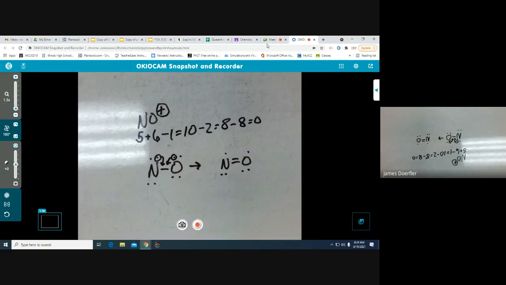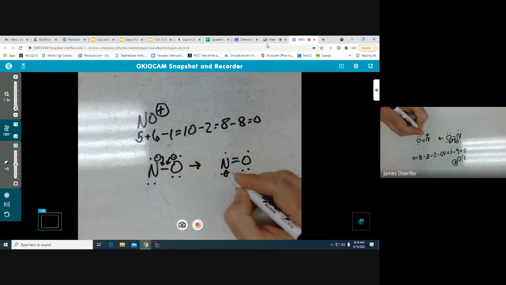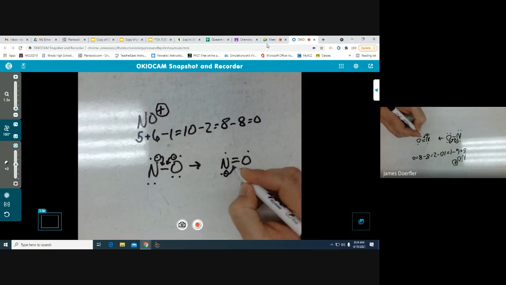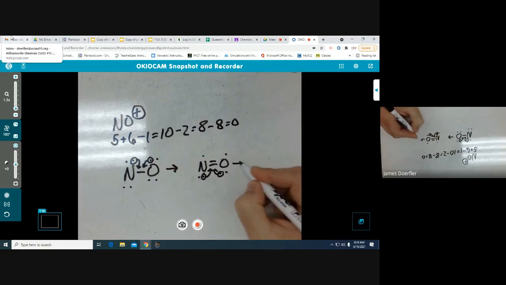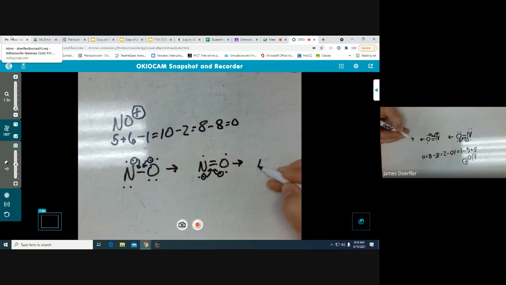Neither one has an octet, right? So if I still don't have an octet present, I have to continue to borrow. Take that one, take that one. They come up here, and now I have formed a triple bond.